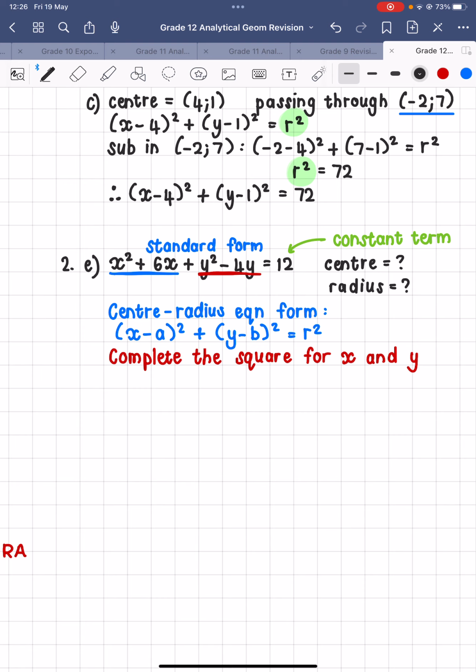Then I'll say it and then I'll write it down: we're going to add b over 2 squared to both sides of the equation. Does that sound familiar? Add b over 2 squared for x and y to both sides.